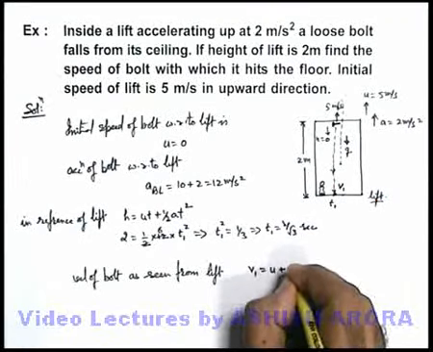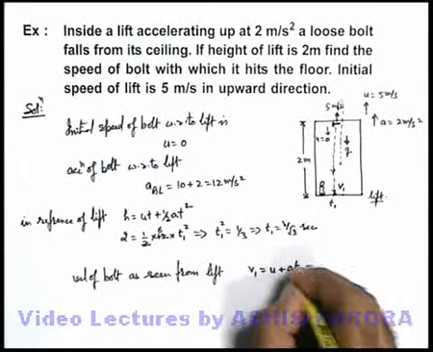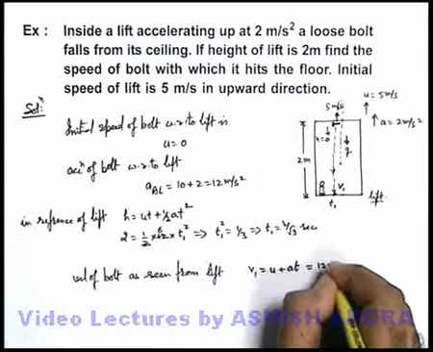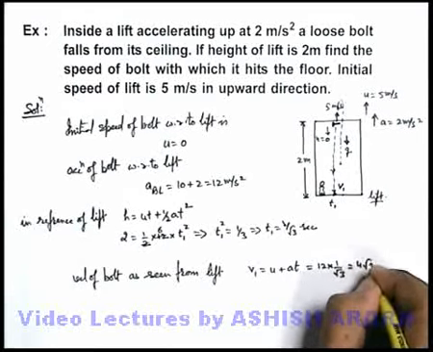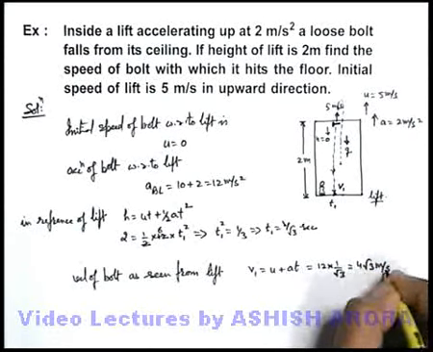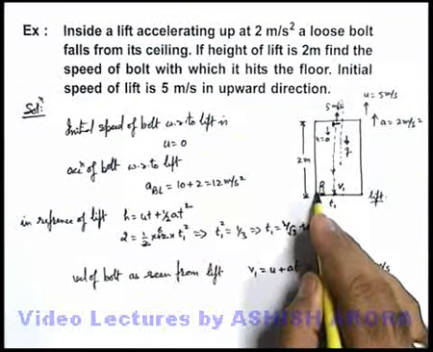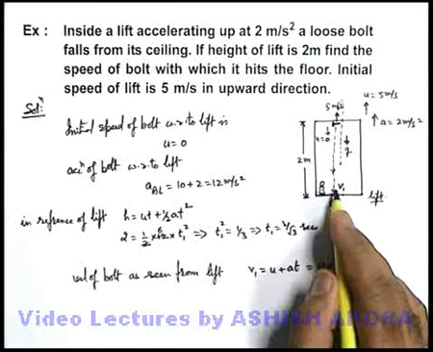In this situation we take u as 0, so this will be just at, that will be 12 into 1 by root 3, that will be 4 root 3 meters per second. This is the velocity of the bolt in the reference frame of the lift which this observer will see.